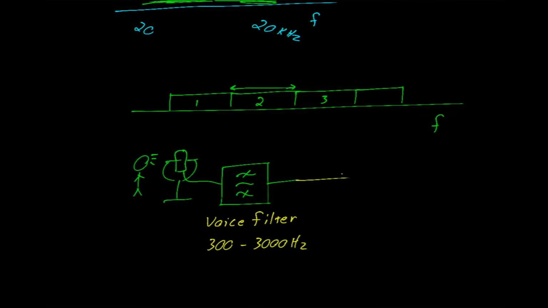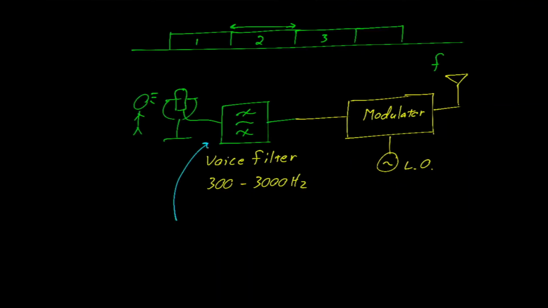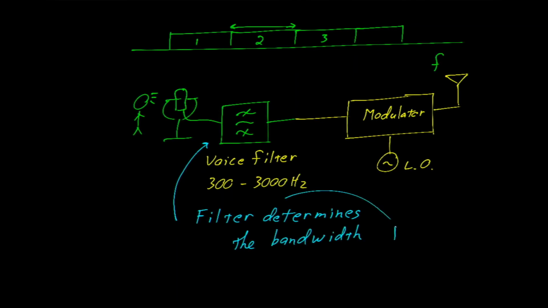And from there, you can send it to the modulator, complete with the local oscillator, to the amplifier if necessary, and then to the broadcast antenna. Here, this voice filter determines the bandwidth. In this case, bandwidth is going to be 2 by 3000. So our bandwidth is 6 kilohertz.